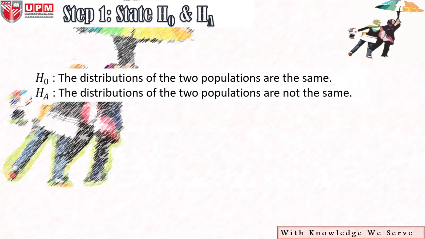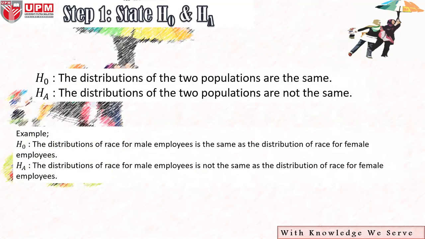We are interested in the differences between the two populations. Example, null hypothesis: the distribution of race for male employees is the same as the distribution of race for female employees. Our research hypothesis: the distribution of race for male employees is not the same as the distribution of race for female employees.